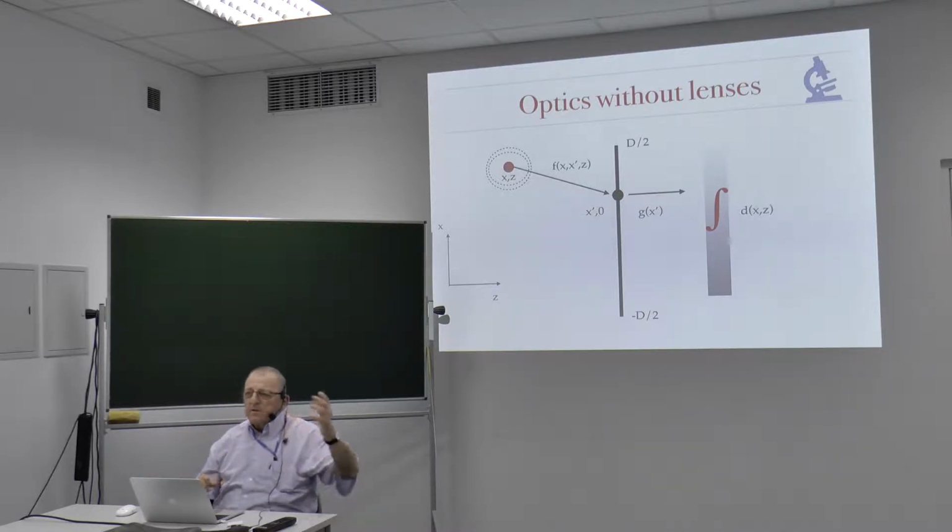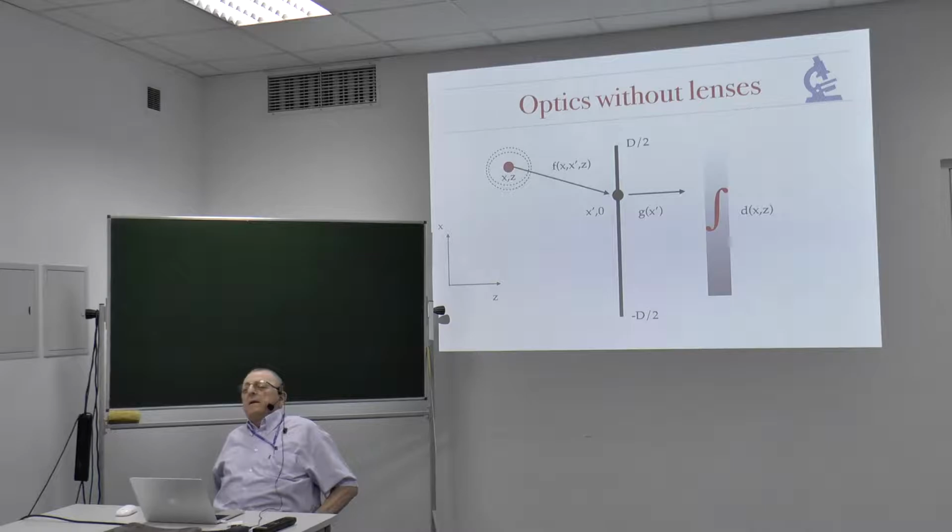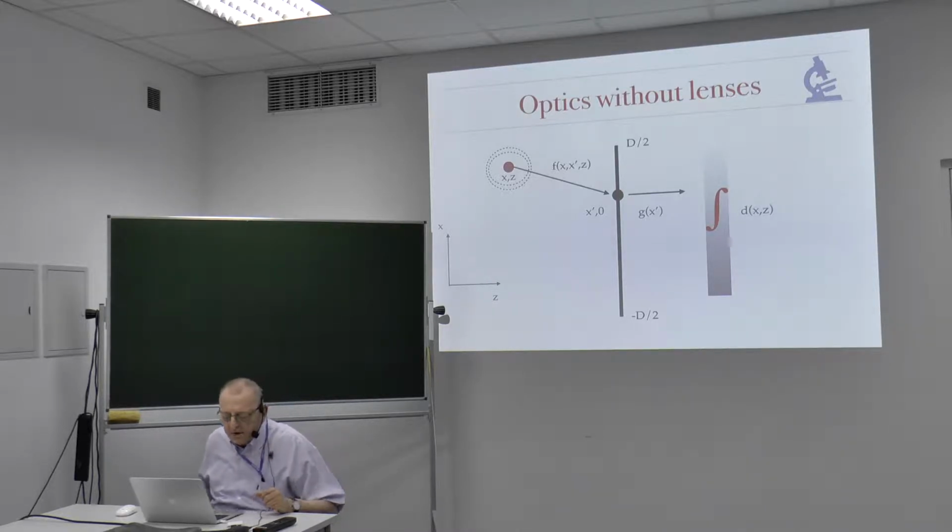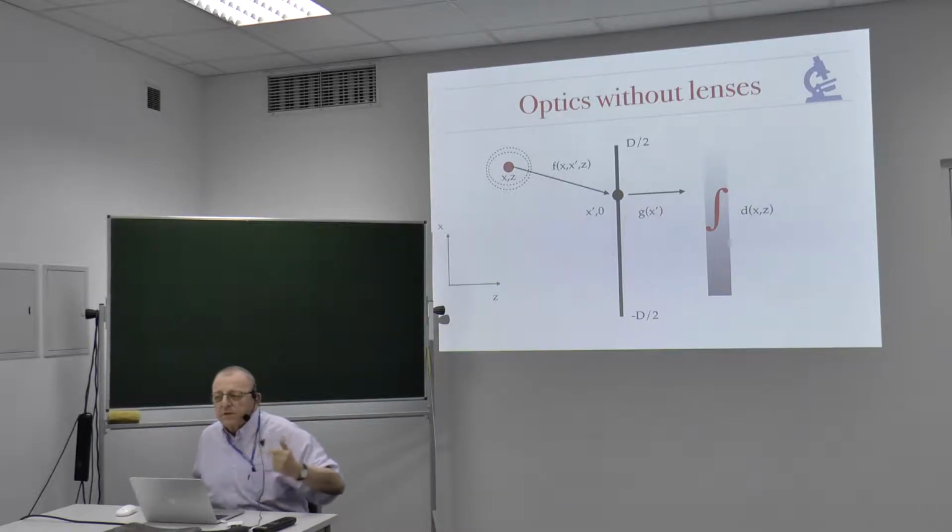And somewhere to the left of my lens, that was our convention which we used before, I have a source of radiation which emits an electromagnetic wave, and the source is at a position, this is a two-dimensional picture, so x is the vertical axis, and z is the axis from the source to the receiver.